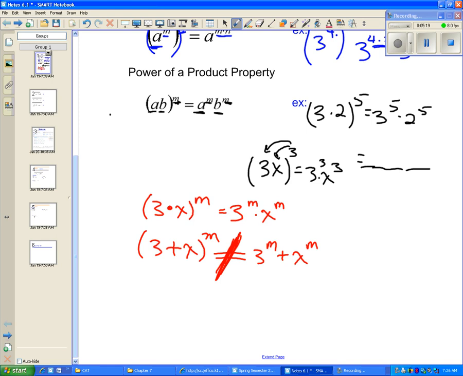This doesn't work. Why? Because I have all the middle terms. When I do 3 plus x times 3 plus x, m times, I keep getting cross terms instead of just the two.